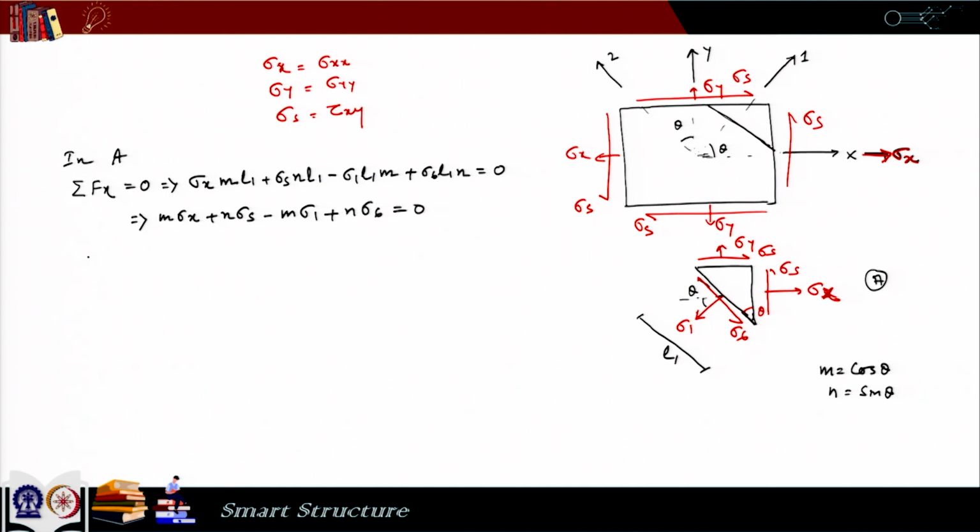So, we get m sigma x plus n sigma s minus m sigma 1 plus n sigma 6 equal to 0. Similarly, we can sum up all the forces along the y direction and set that equal to 0.